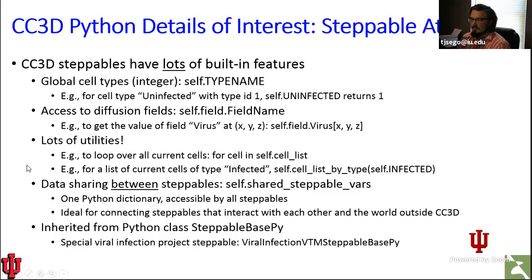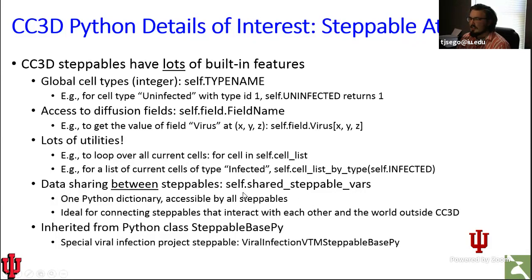Now, we've also set things up so that information can be passed between steppables. So we have lots of connectivity. Internalization, for example, leads to viral replication. Replication leads to viral release, and so on and so forth. To do these sorts of interactions between steppables and also pass information, there's a global Python dictionary that's accessible by every steppable that's defined in a CC3D simulation.